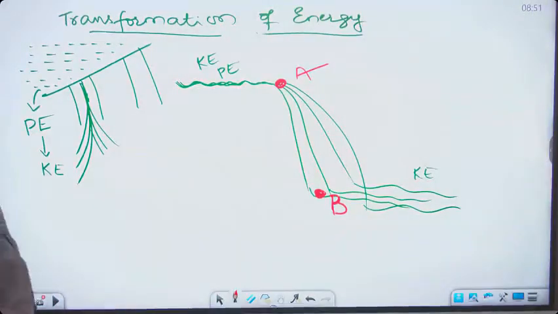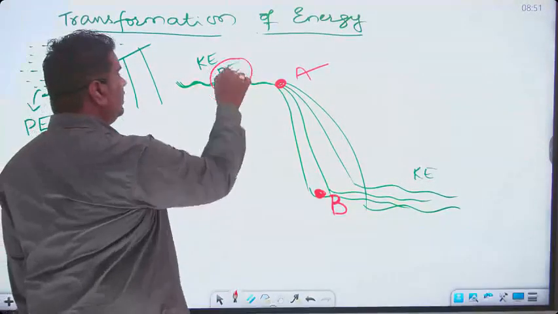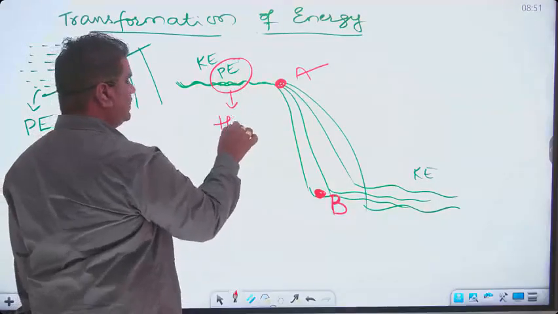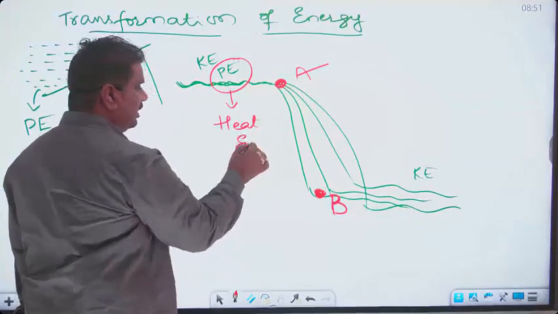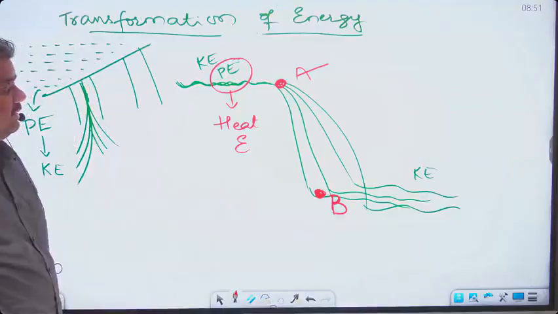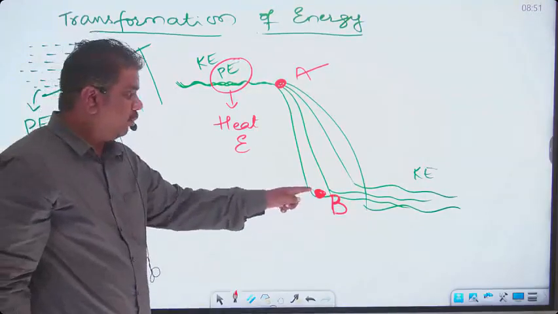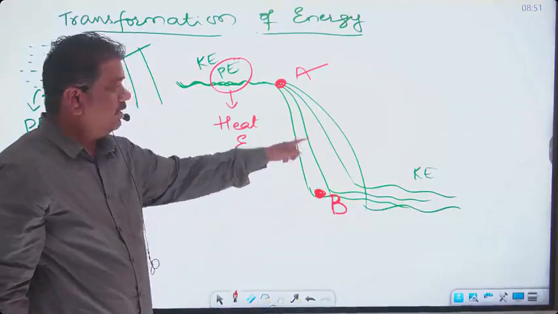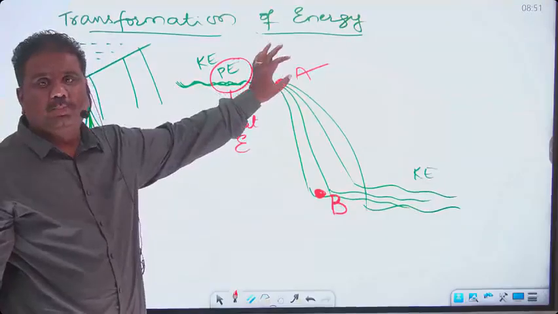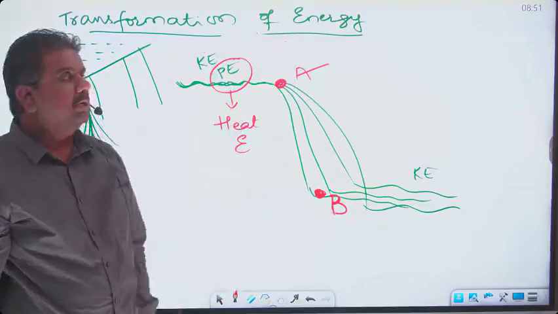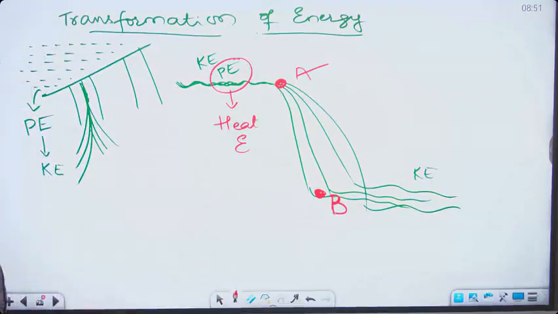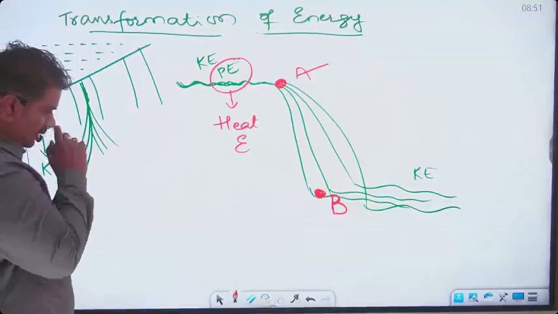The reason is that the potential energy of water is getting converted to heat energy. That is the reason why the temperature at the bottom of the waterfall is slightly high when compared to the top of the waterfall.